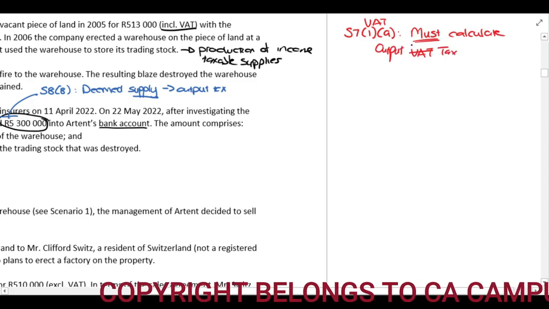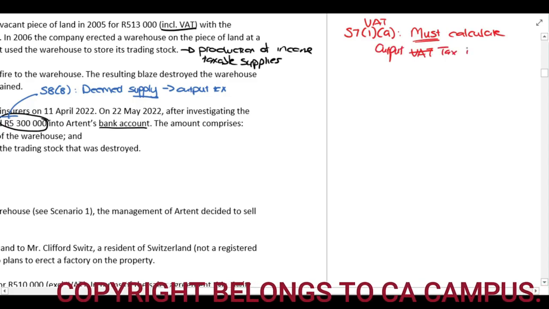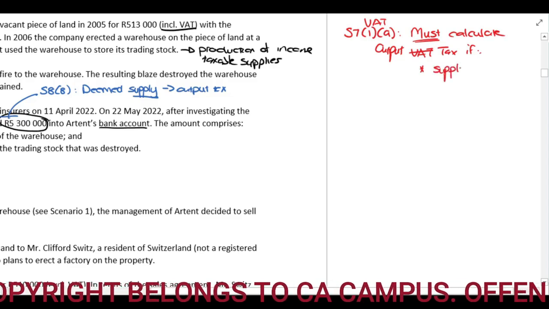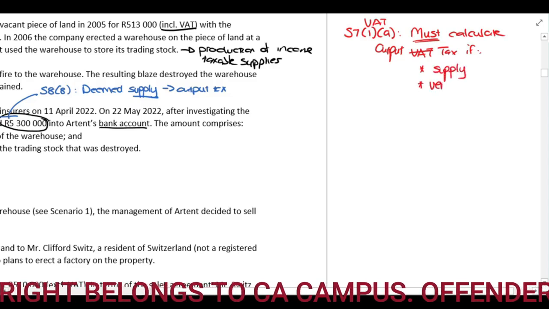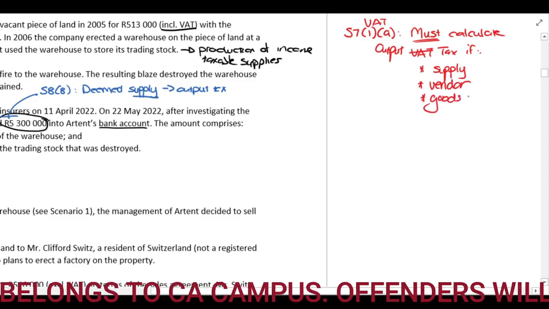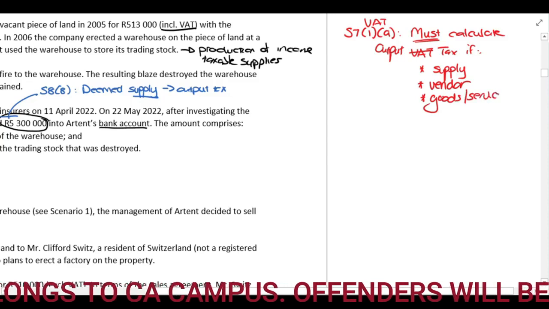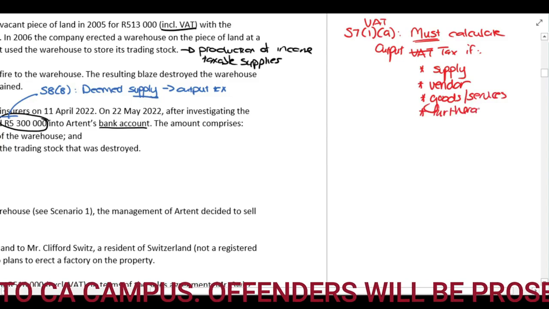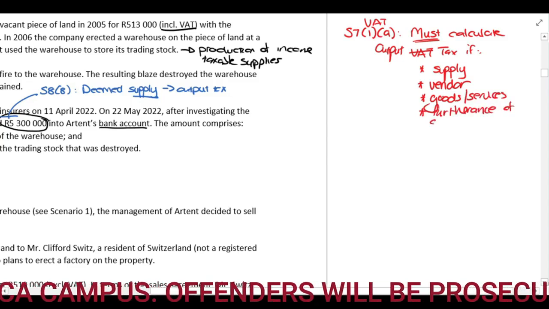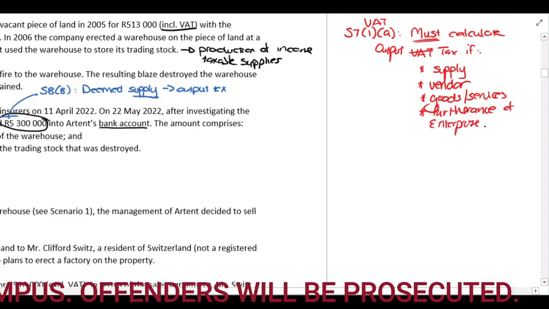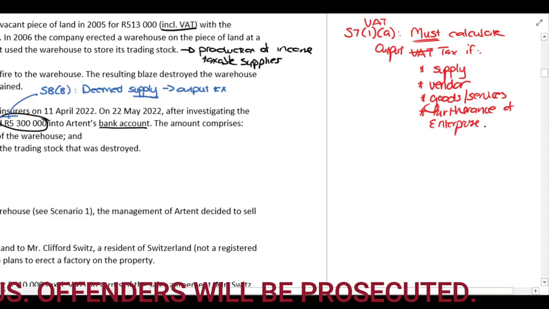That's the correct term, but understand you must calculate VAT if there's a supply by a vendor of goods or services in the furtherance of an enterprise. Now, furtherance of an enterprise means it's for taxable purposes, it's for your normal business, it's not for exempt supplies.